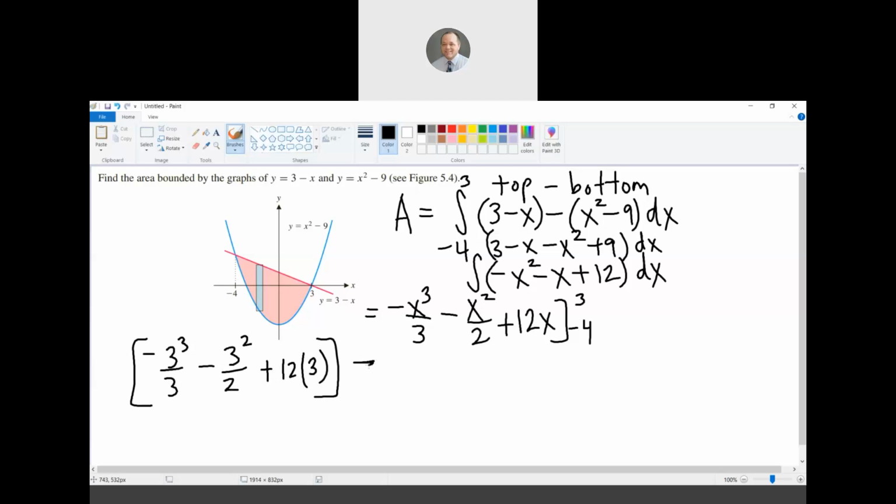Mandatory minus sign in between your substitutions. And on the second go around, everywhere we see an x, we'll plug in -4. Just make sure you get every single negative sign because there's a bunch of them.